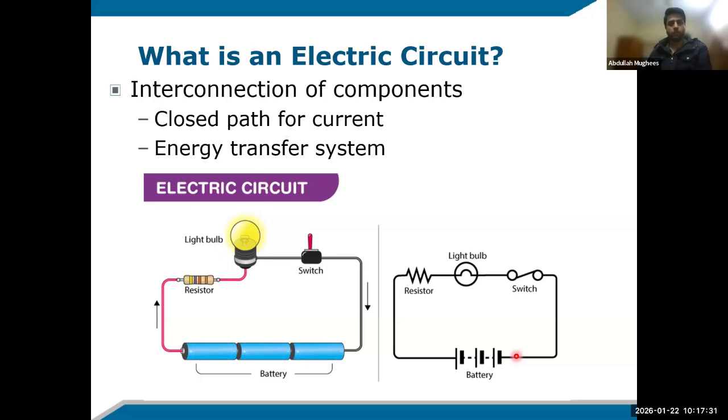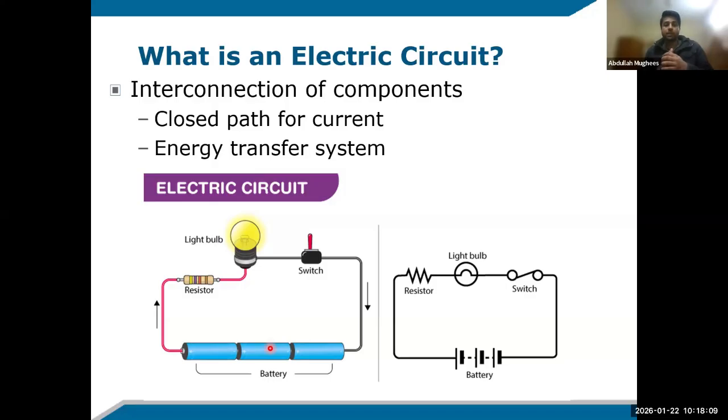Moving on. I hope you understand the circuit. The basic working principle of this circuit is to transfer energy from one point to some other point. For example, these batteries have a lot of energy and they transfer their energy to this light bulb, which gives light to the environment that it is in. And once the batteries run out of that energy, you have to recharge the battery or replace the battery to keep this going.